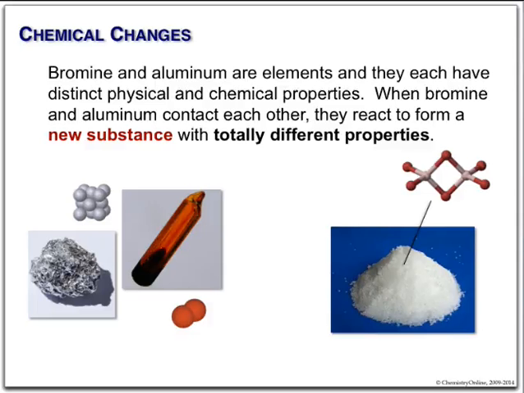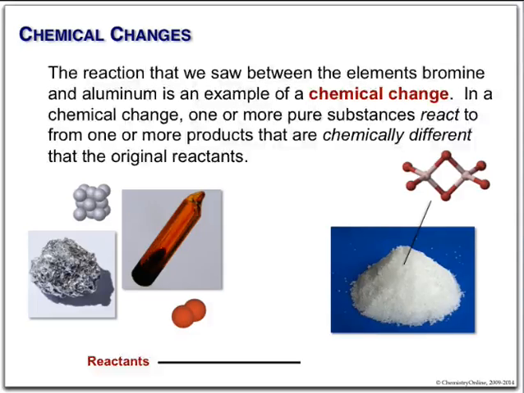Now soon we're going to talk about chemical reactions. That's the fun part of chemistry. When we do a chemical reaction, we're going to describe it somewhat like this. We're going to have a set of reactants, and we're going to go to a product. The arrow here has the same properties as an equal sign.